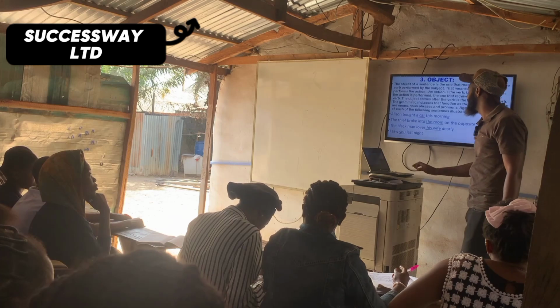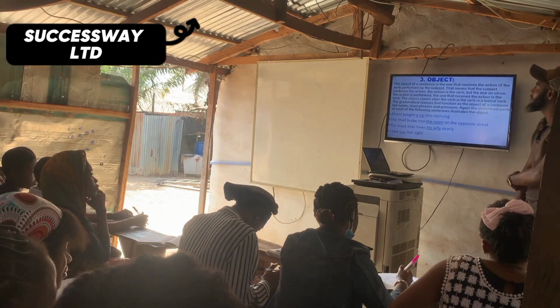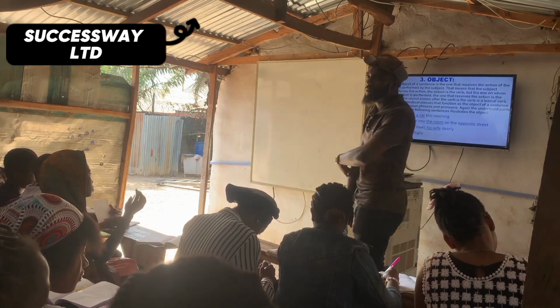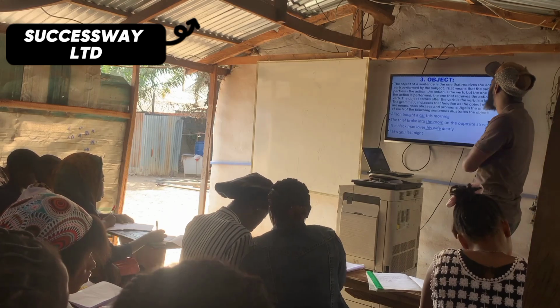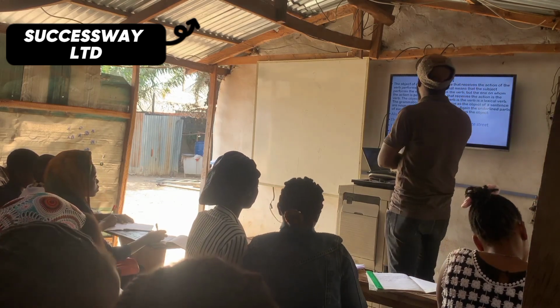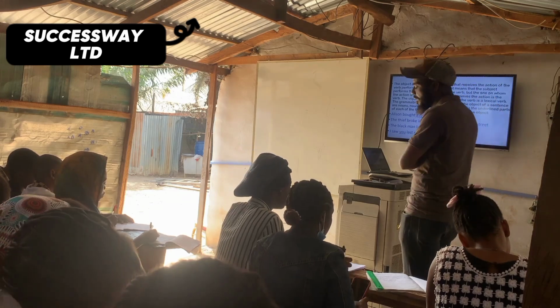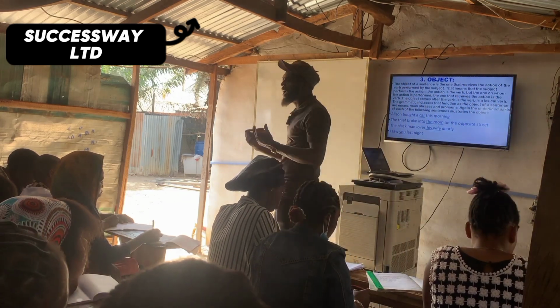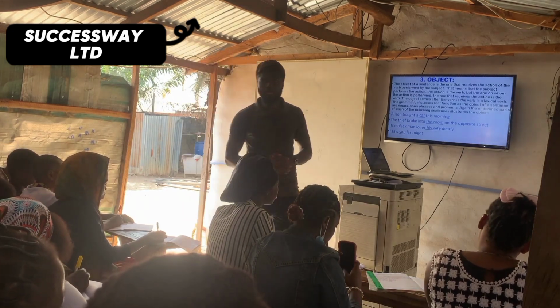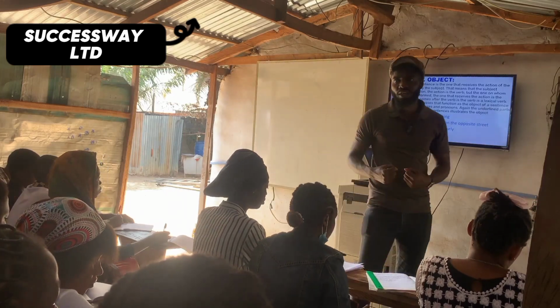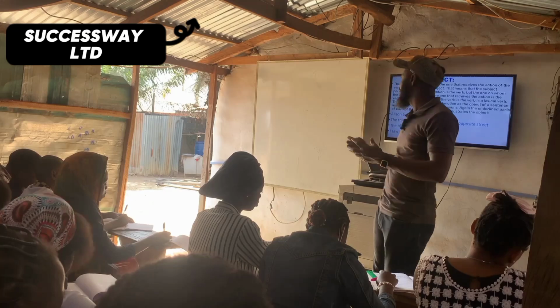So in our next slide, we want to go to the object, very quickly. The object of a sentence is the one that receives the action of the verb performed by the subject. The receiver of the action in a sentence is referred to as the object.